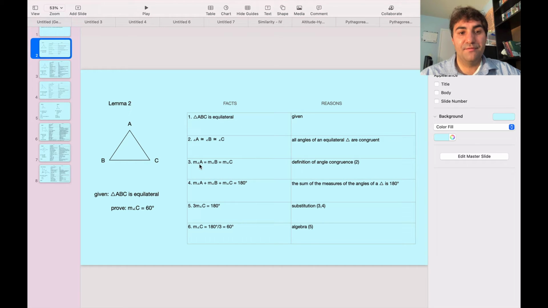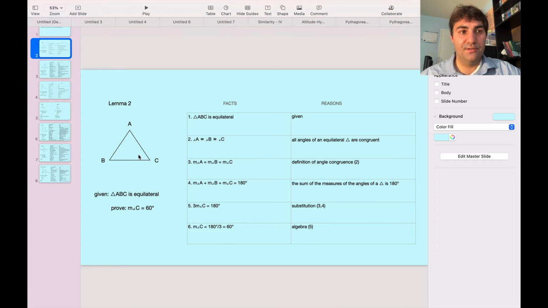I'm going to let measure of angle A equal measure of angle C and measure of angle B equal measure of angle C. If you plug this into the equation we have in statement 4, we get 3 times the measure of angle C equals 180 degrees, and I just divide by 3 to get measure of angle C is equal to 60 degrees. Since measure of angle A, measure of angle B, and measure of angle C are all equal, in other words, in an equilateral triangle, each angle measures 60 degrees.